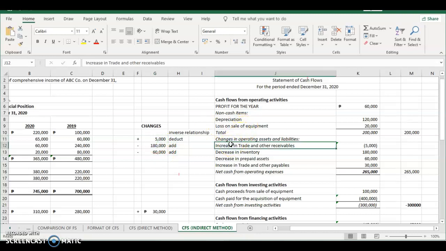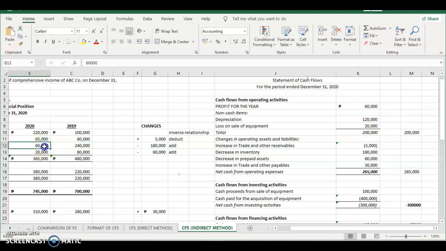Kasi kung nadagdagan si receivable mo, ibig sabihin wala ka namang na-receive na cash eh. Mas nabawasan pa nga yung cash mo, okay? And then we have here decrease in inventory. 'Di ba pag nag-decrease yung inventory mo, class, marami kang paninda nung 2019.